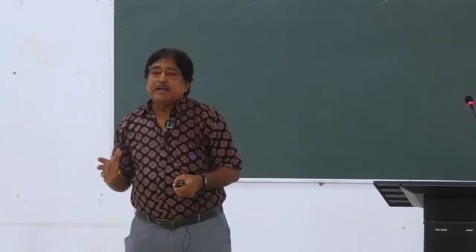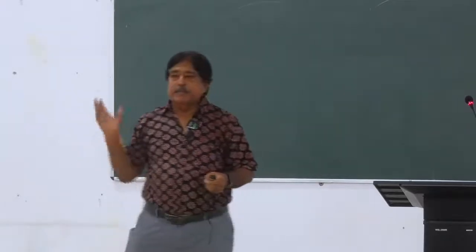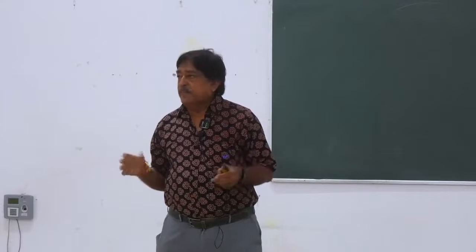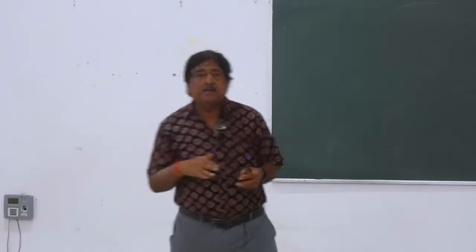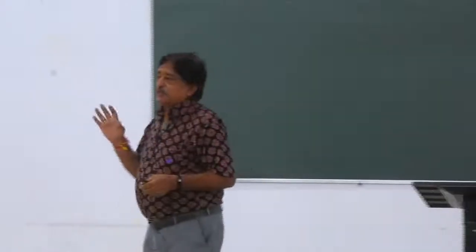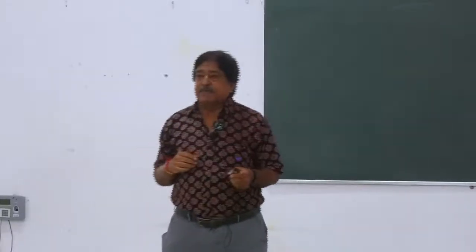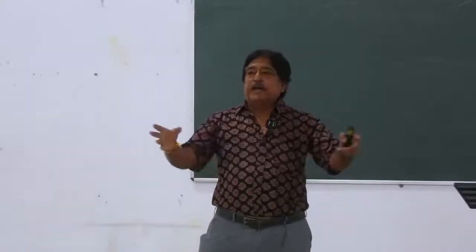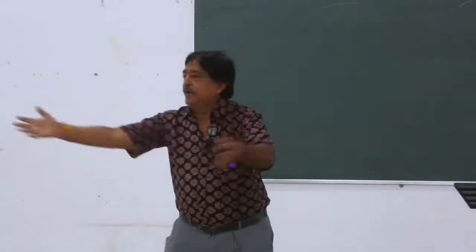That's why in Tarapit Mahashashan, they still have an electric chulli, but it is not being used. But when I was in class 8, I went to Tarapit just after my sacred thread ceremony, and there were femur, tibia, skull, all scattered in the Shashan.